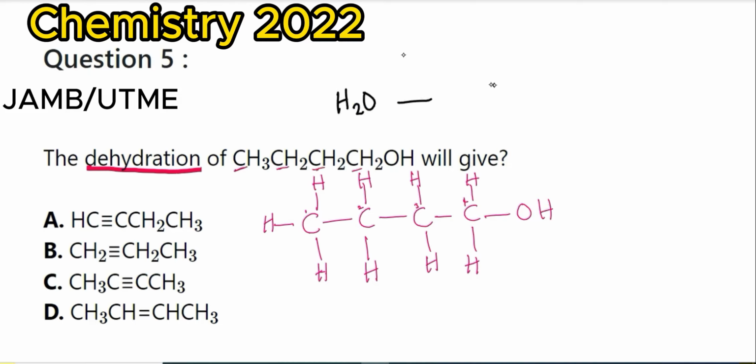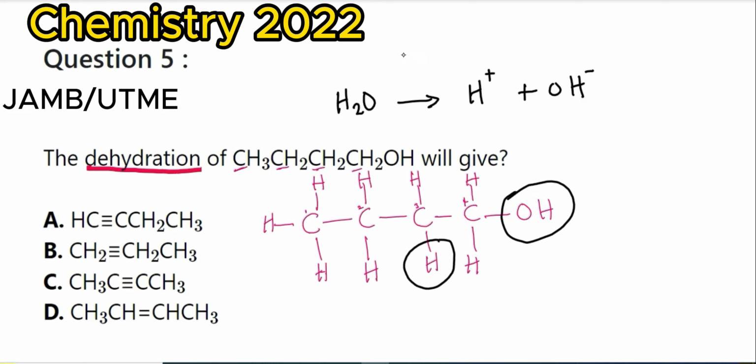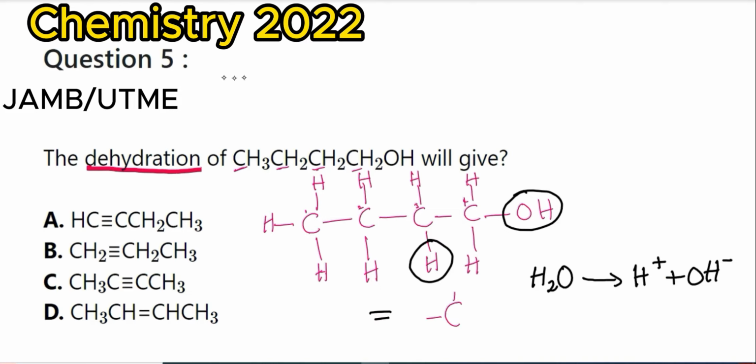Water is simply the hydrogen ion and hydroxide ion, and those are the two things we want to remove from the butanol. So let's remove the hydroxide from the first carbon and hydrogen from the second carbon.